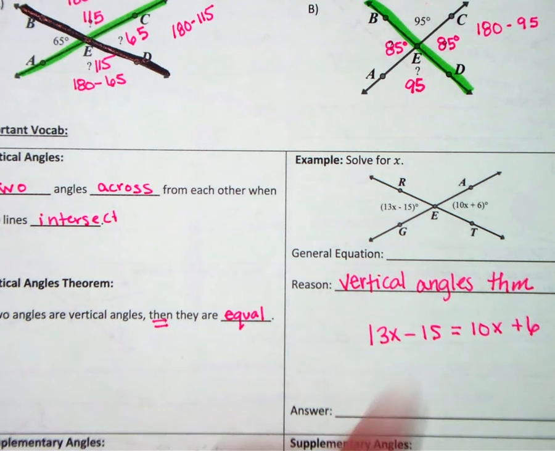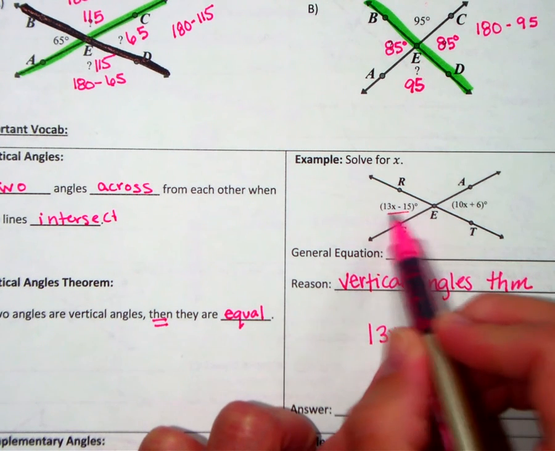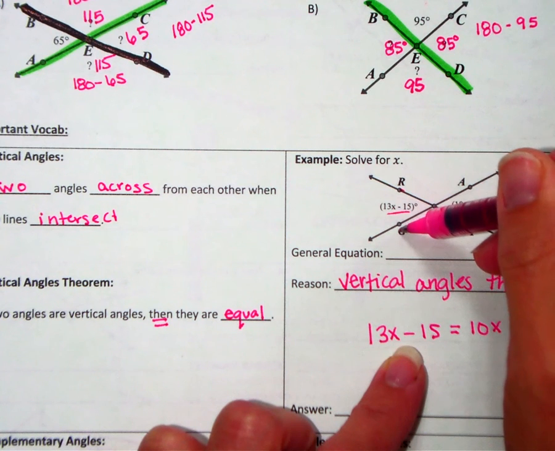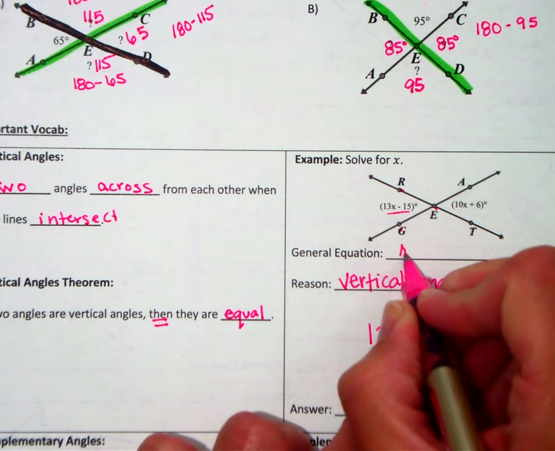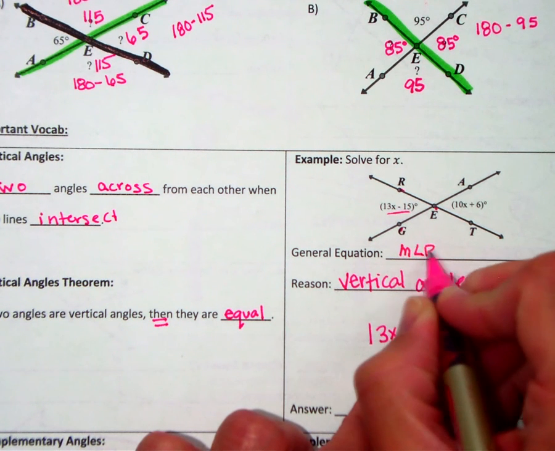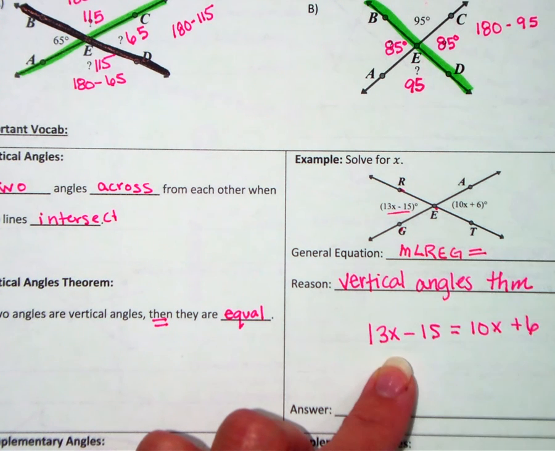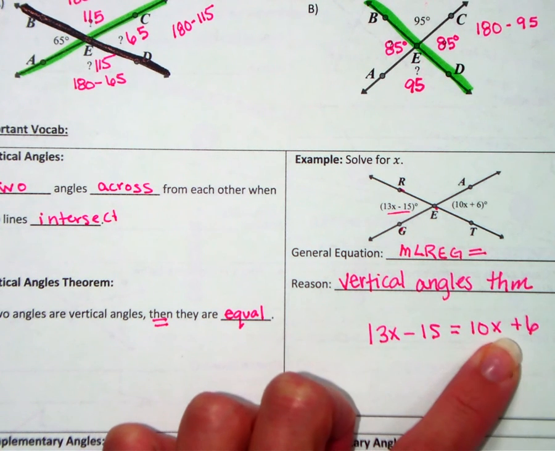And now my general equation can come from the picture. So this angle here, which is REG, or GER, that would be kind of fun, GER, is equal to the angle across from it, that 10x plus 6.